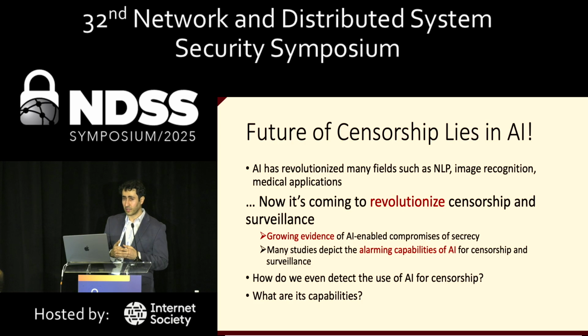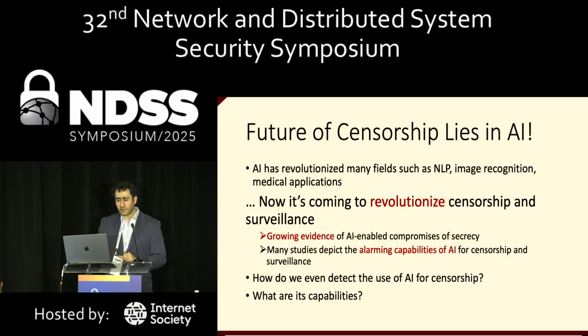Given the nature of censorship, it's passive, and it's really difficult to know what is being used and when. So these are challenges moving forward: to understand when AI is being used and what AI can do.